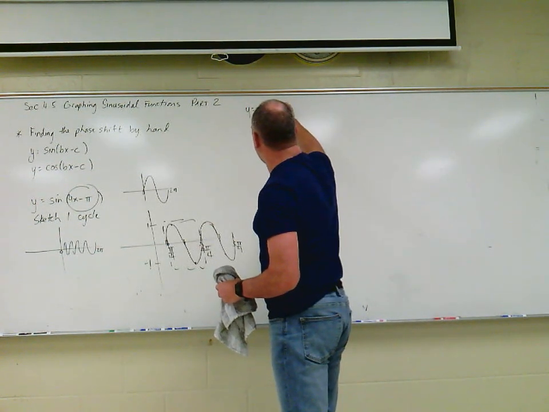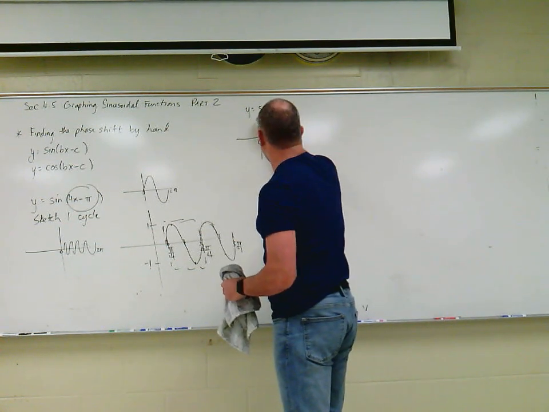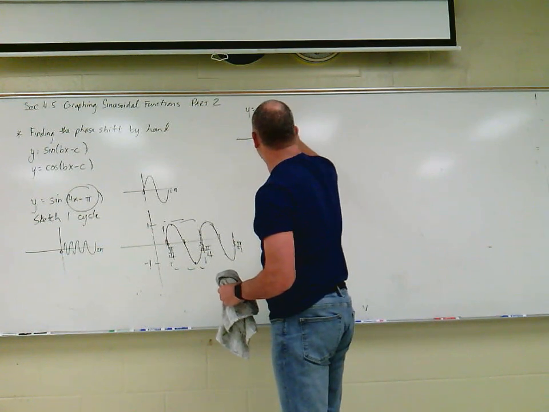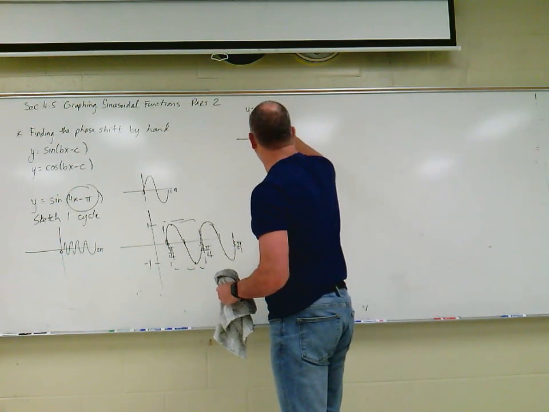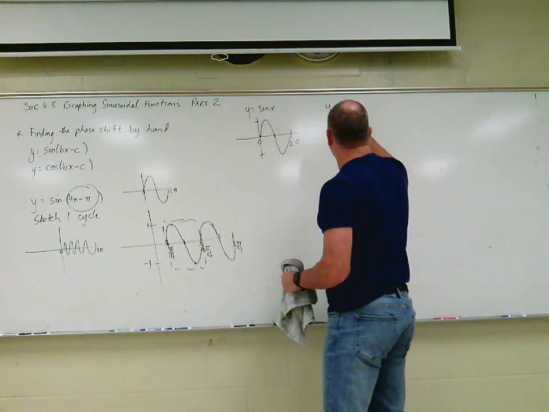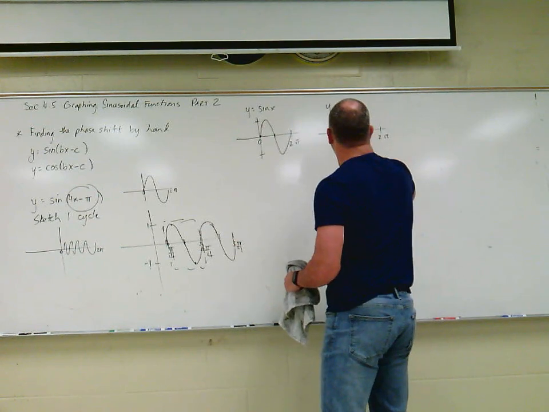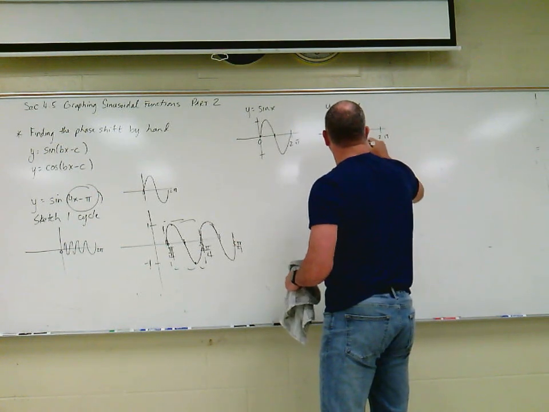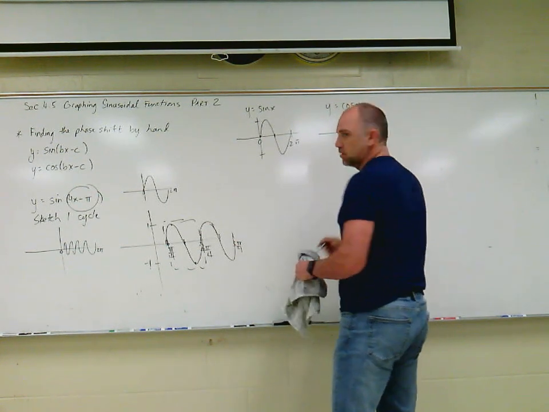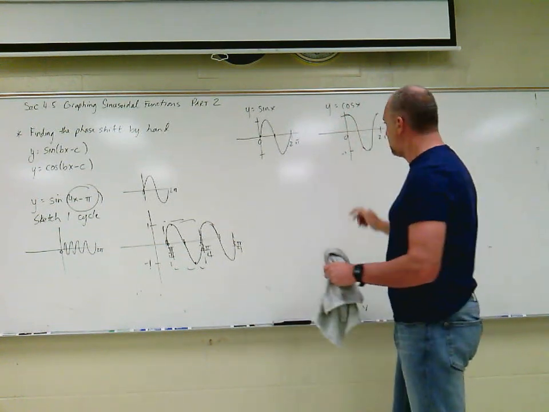We know that one cycle goes from 0 to 2 pi, and it looks like this. And cosine goes from 0 to 2 pi, and it's basically like half a hill, a valley, the other half of a hill. So there are the pictures that I'm going to copy and paste.